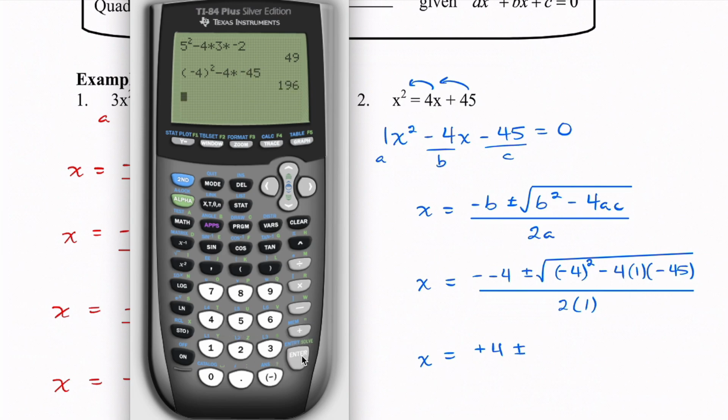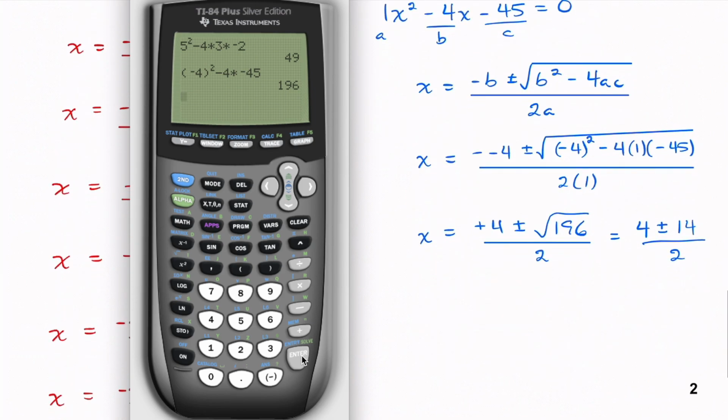Okay, and then when we do that, we're going to get 196. So we'll write that 196 is in that square root, all divided by, and 2 times 1 is just 2. The square root of 196 is just going to be 14. So we got this up in our numerator, divided by 2.